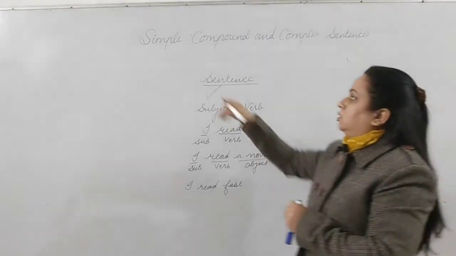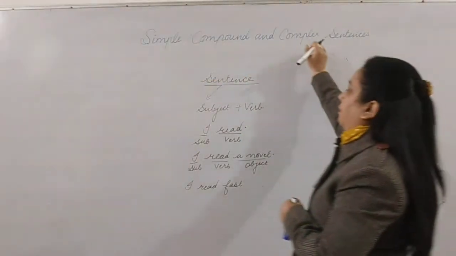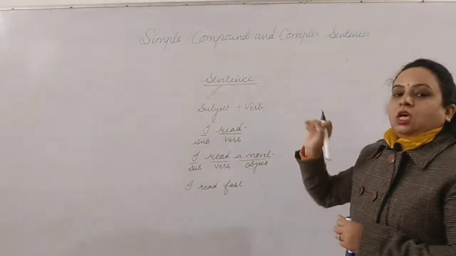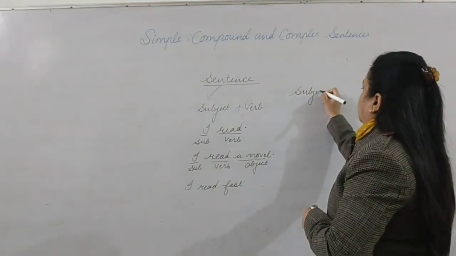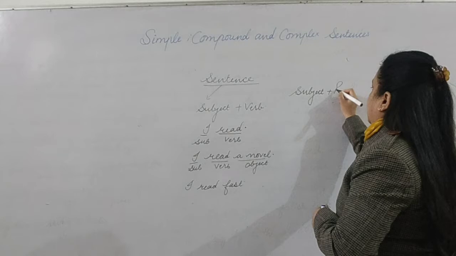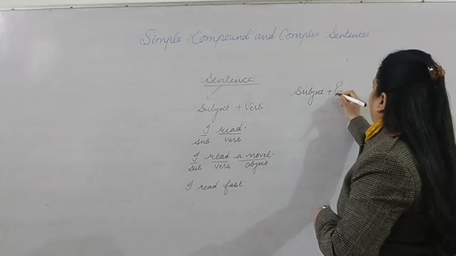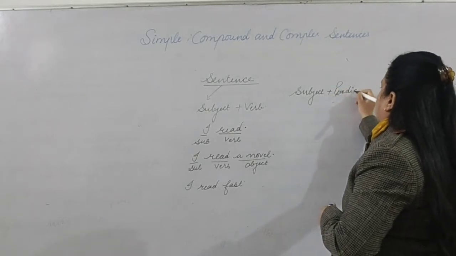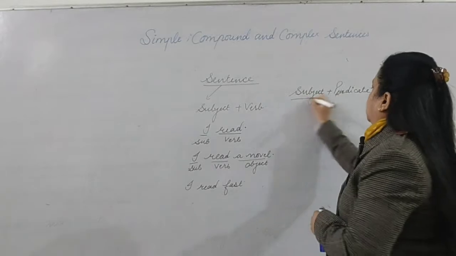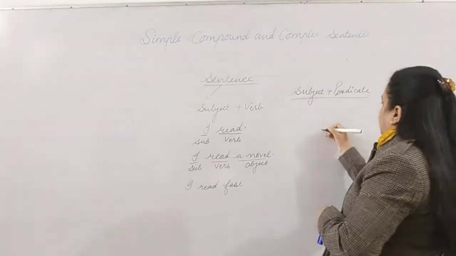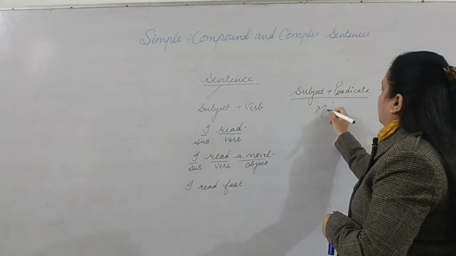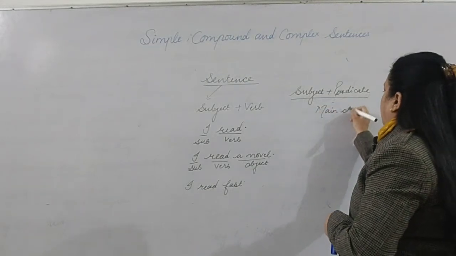Now we have to work today on simple, compound and complex sentences. The sentence which has one subject and one predicate is known as a simple sentence. Or, in your grammar books, it is written that it has one main clause.